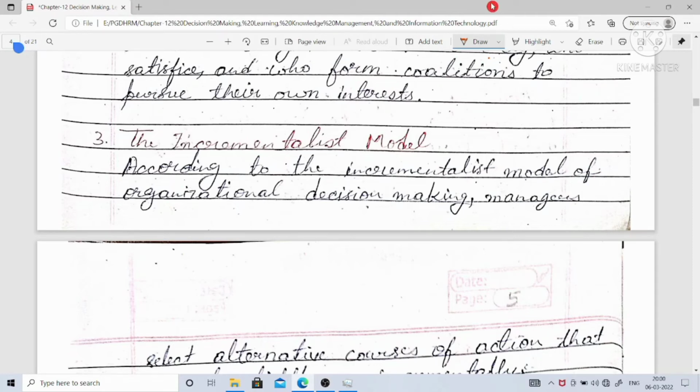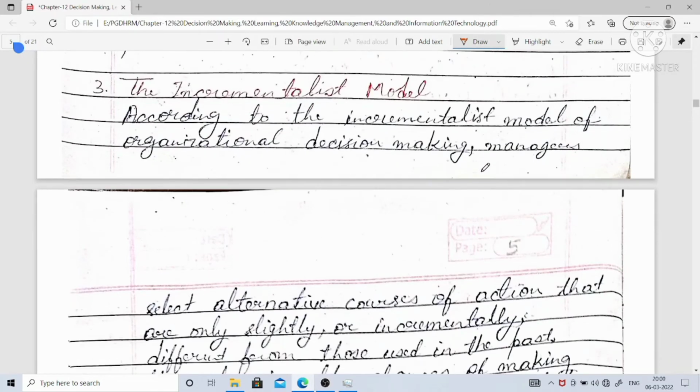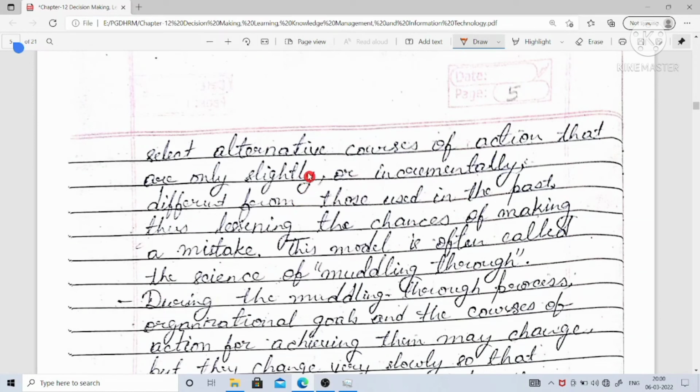So what this incrementalist model states, now you see, according to the incrementalist model of organizational decision making, managers select alternative courses of action that are only slightly or incrementally different from those used in the past. So in this model, managers make decisions slightly different from the decisions made in the past.